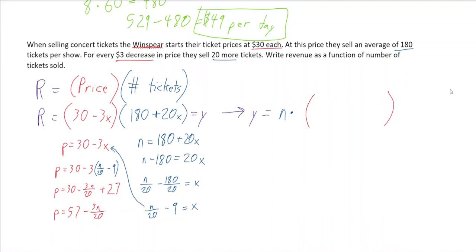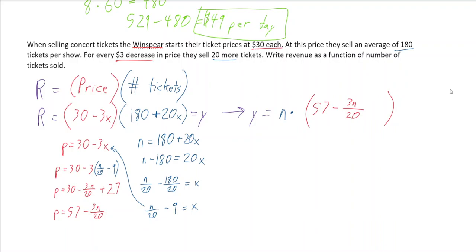Okay, that's fantastic because now that we have that, that is the price. So I can write that instead of the whole red thing, right? So 57 minus 3n over 20 is that other part.